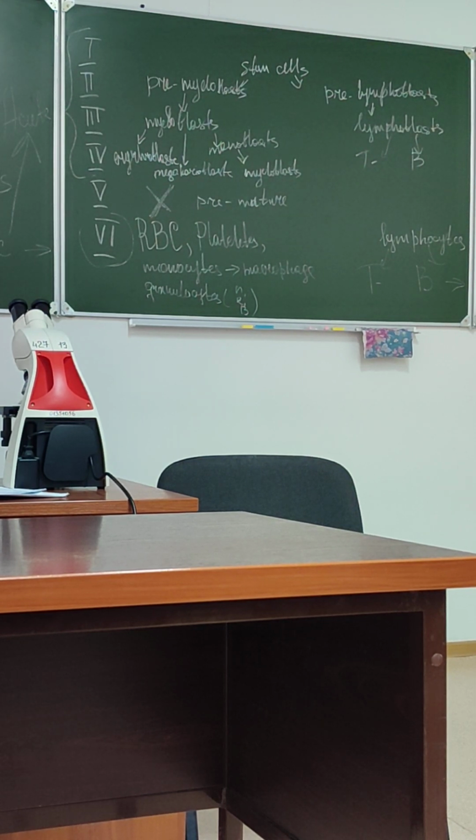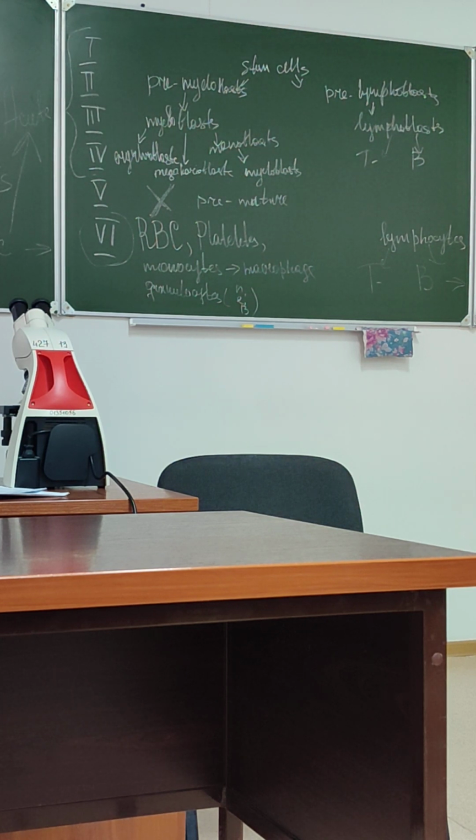The second position is absent normal cells, because the tumor grows in the bone marrow, and the normal cells are compressed, destroyed, and die. The clinical symptoms and morphological changes can be united into some syndromes.